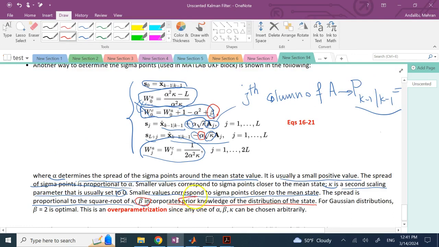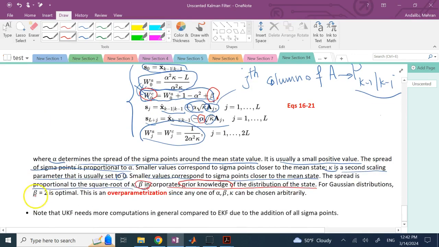So if you have any initial knowledge about the distribution, about the sigma 0, then you can add this beta to basically make your sigma 0 bigger or smaller. For Gaussian distributions, the optimal number is 2. And again, this is an over-parameterization because any of alpha, beta, and kappa can be chosen arbitrarily, especially alpha and kappa, which are kind of affecting the same thing.